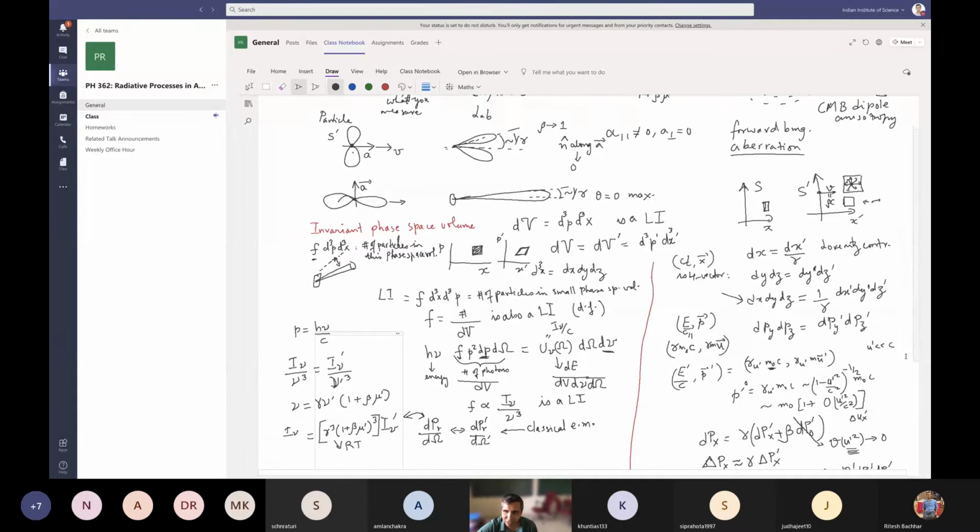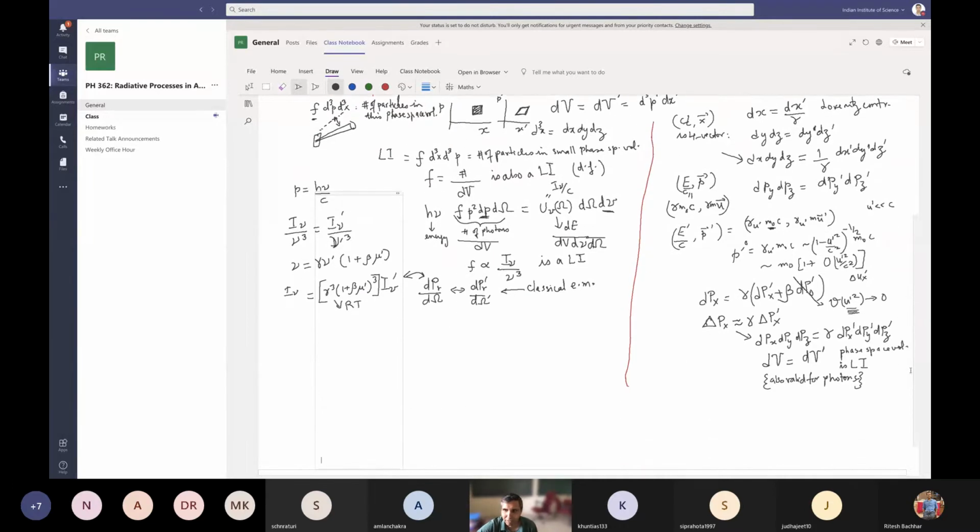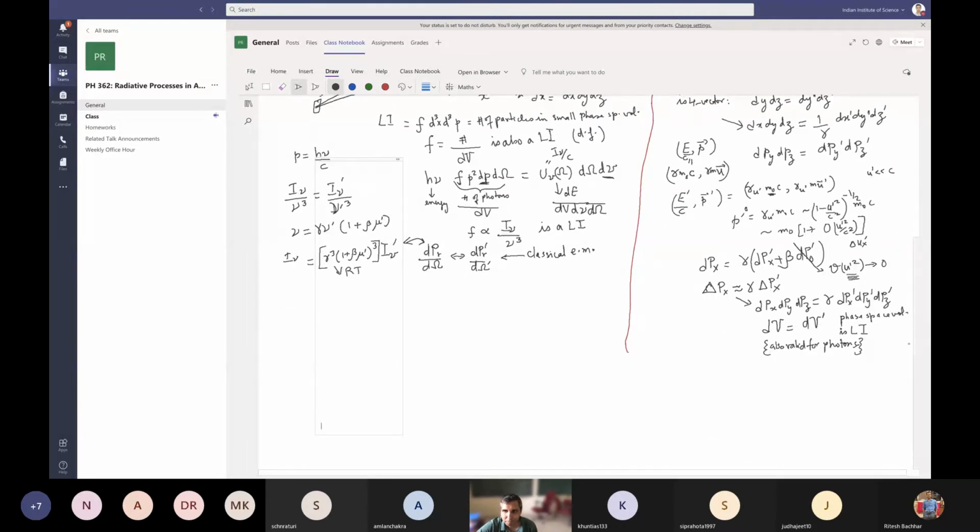This is the radiative transfer way of seeing similar things. And there is a one-to-one correspondence between these two. Okay, so this is actually important, that I nu by nu cube is a Lorentz invariant.